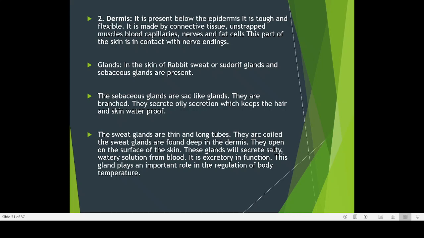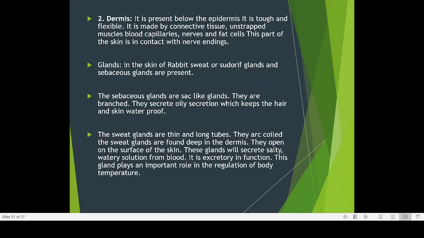So in the absence of sebaceous glands, skin will be dry. The purpose of the sebaceous gland is to keep the skin soft and also waterproof. Since it produces an oily coating, it makes the skin soft as well as waterproof. That is the function of the sebaceous gland.